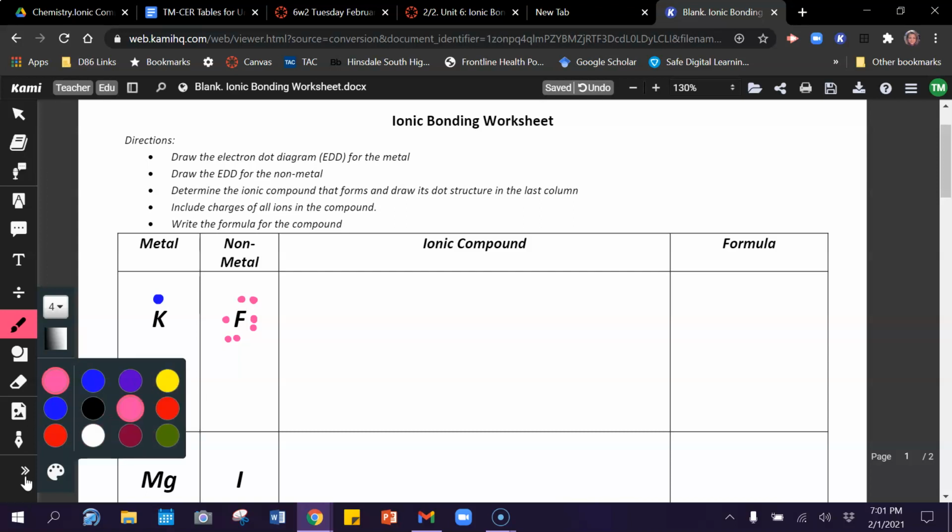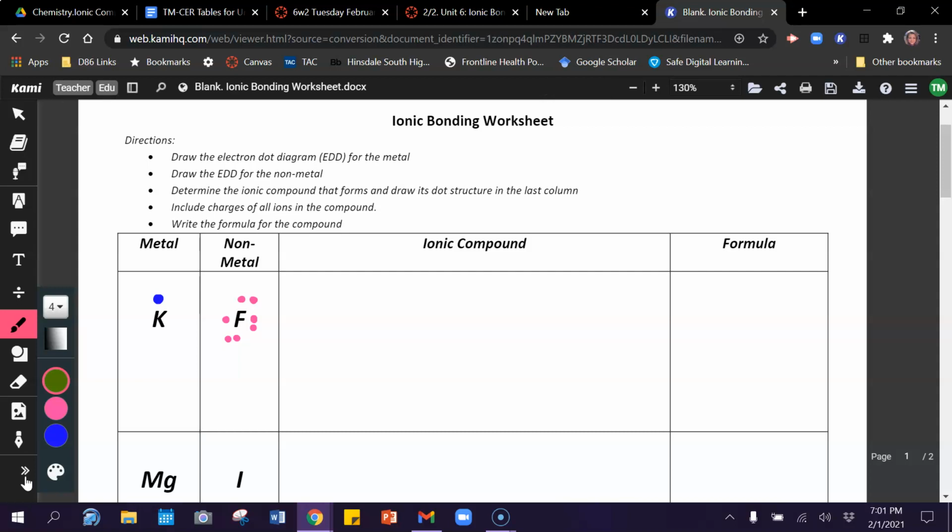Recall that our metal is going to lose all of its valence electrons in order to expose a full valence shell underneath. So potassium is going to lose its valence electron and transfer it to fluorine.